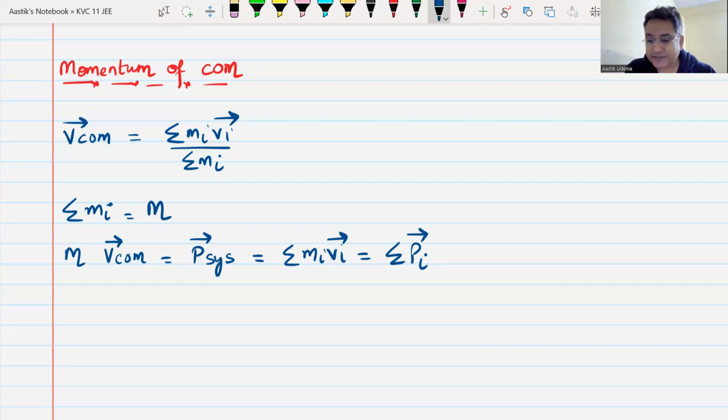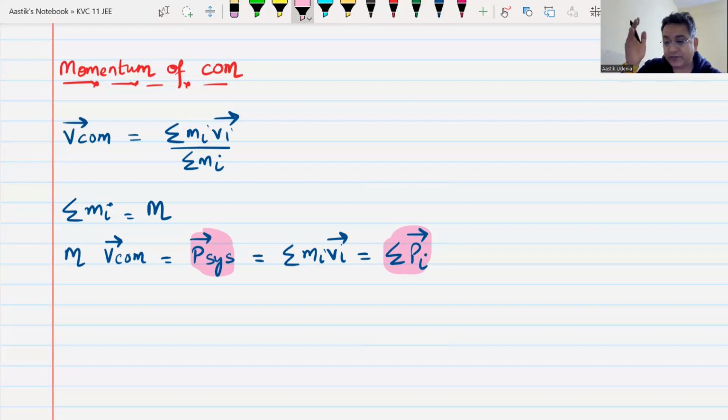Everyone understands this? Yes or no? And this is a very important result that we have got from here. The momentum of the system of particles is nothing but the sum of the momenta of individual particles, vectorially.